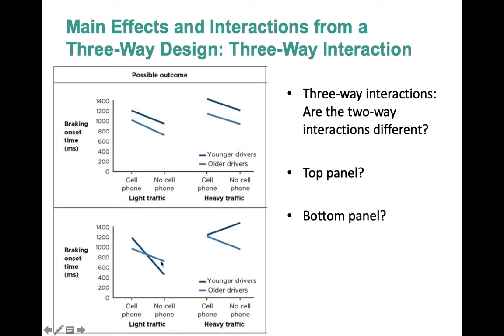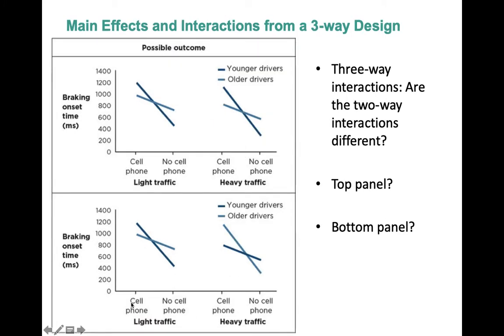Which is a different effect than we had when not on the cell phone in light traffic. So what we can see is that there is a three-way interaction in this bottom panel because the two-way interactions are different, okay? So whether or not there is a two-way interaction and the nature of the two-way interaction depends on the level of the third variable.